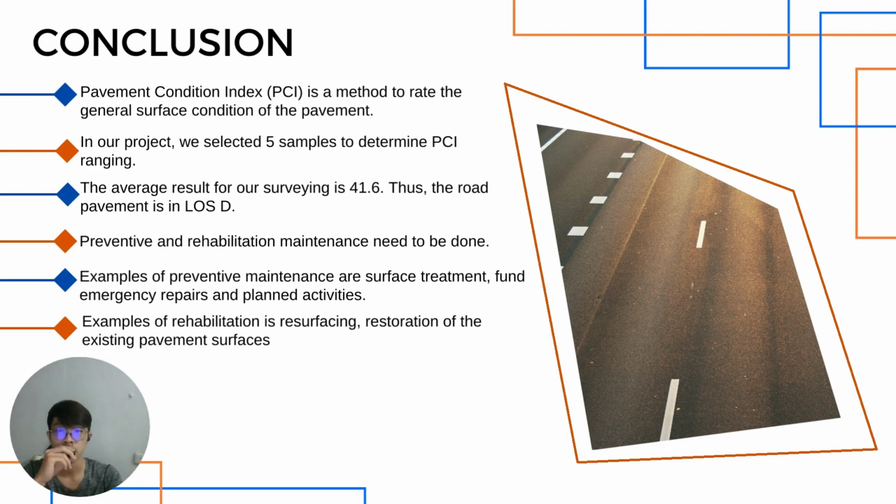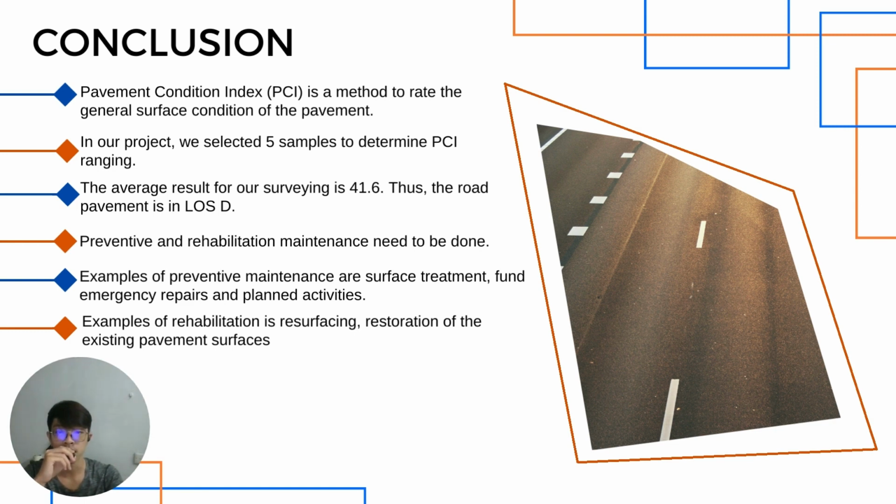In conclusion, we conducted the investigation successfully. Pavement Condition Index (PCI) is a method to rate the general surface condition of the pavement. According to our project, we selected 5 samples to determine the PCI range, and the average result for our survey is 41.6.